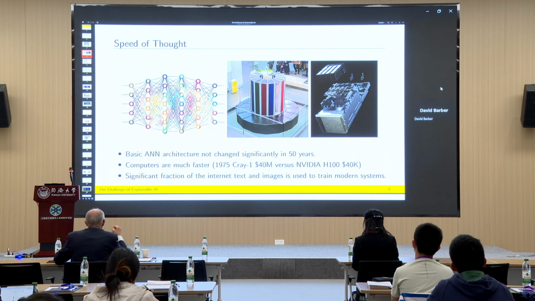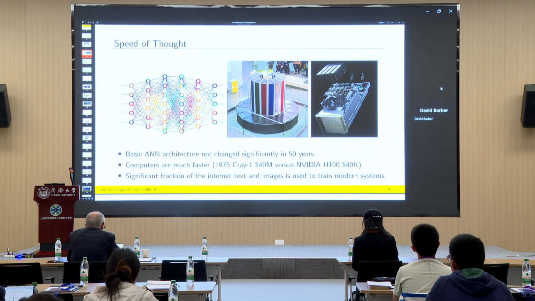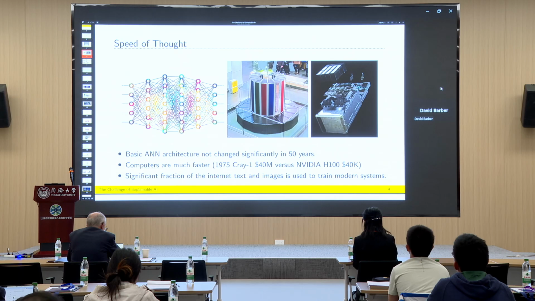Actually, that is how long it would take the Cray 1 supercomputer to train a state-of-the-art image recognition or generation system in today's notation. So this scale up of computer speed is very, very significant, and I think it's something that, in some sense, we easily forget.